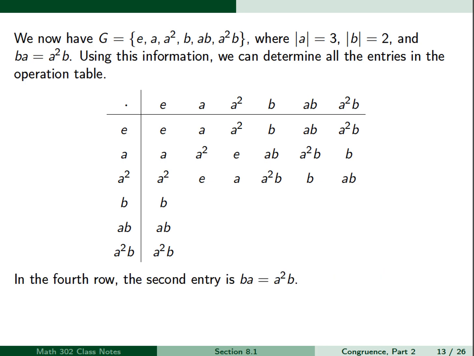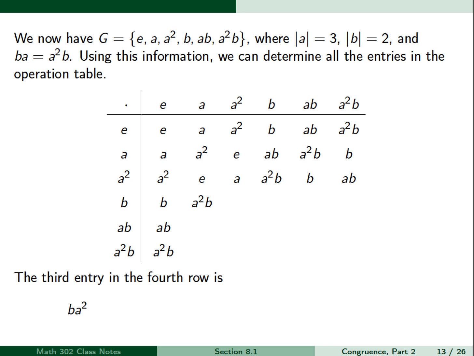So in the fourth row, the second entry is BA, and we already showed that that's equal to A squared B. The third entry in the fourth row is going to be B A squared, and this can be written as BA times A, and we have that identity for BA, that's A squared B times A, and this is A squared BA, and again substituting from our identity, BA is A squared B, so this will be A squared A squared B, which is A to the fourth B, and A to the fourth is just A, because A cubed is the identity.